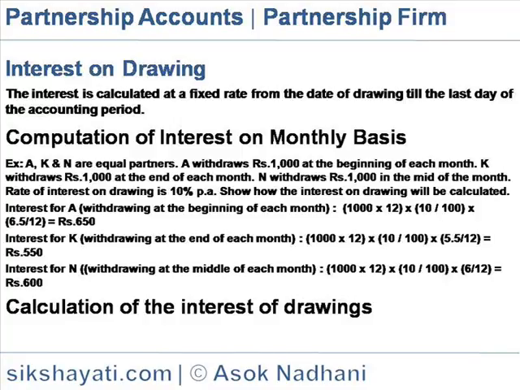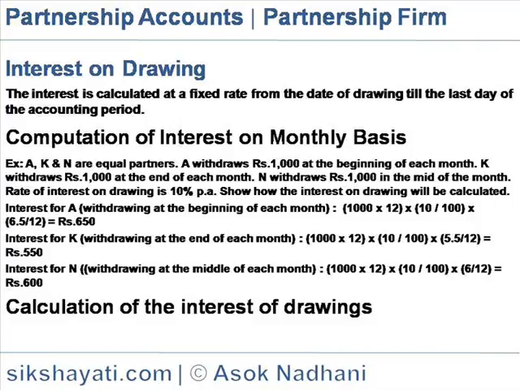So in this case, the sum of months based on the beginning of the month is 12 plus 11 up to 1, that is 78. So the effective average period is 78 by 12, which is equal to 6.5 months. So the interest on drawing is 1000 into 6.5 into 10%, which is equal to rupees 650.